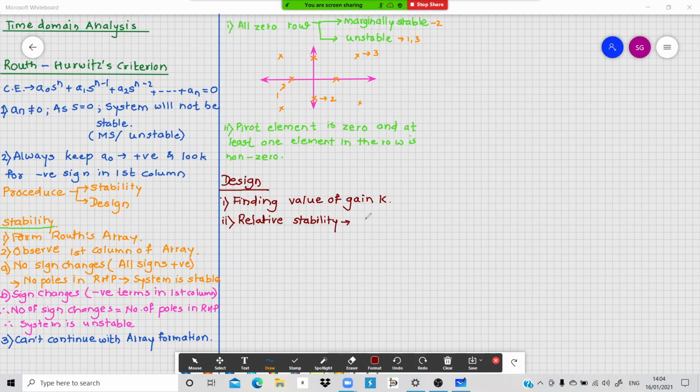So I'll write in short: finding whether all poles are on the left hand side of a particular line parallel to the imaginary axis.